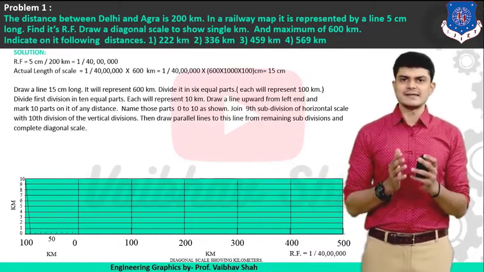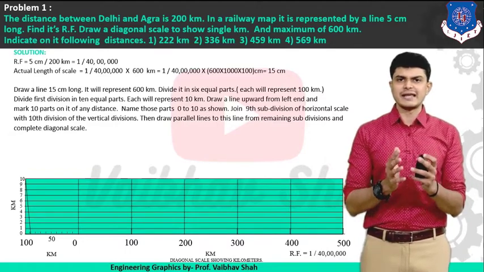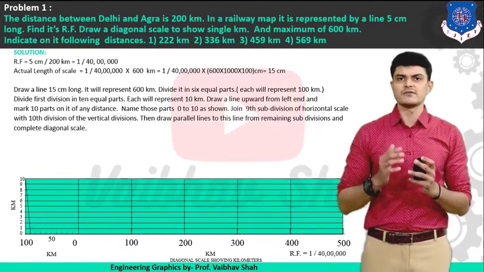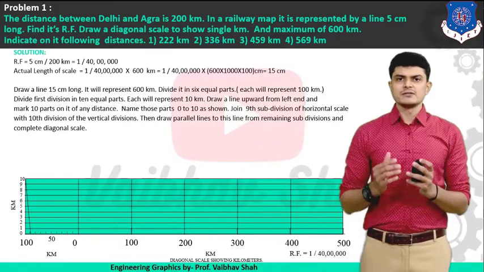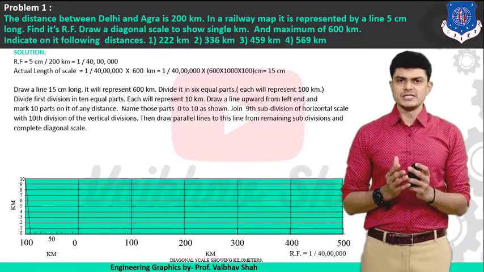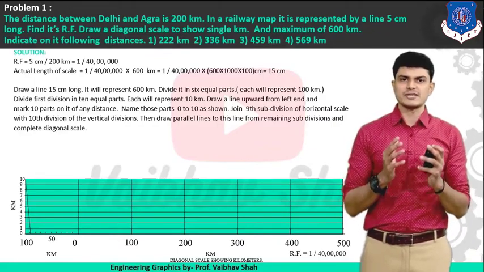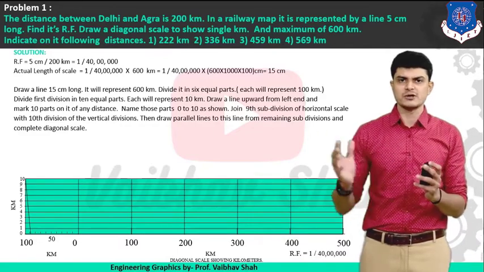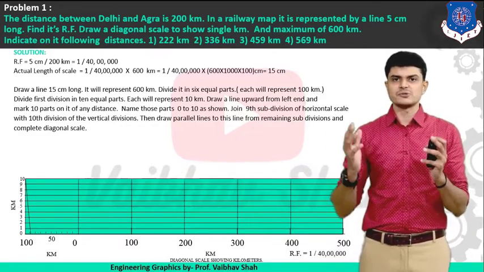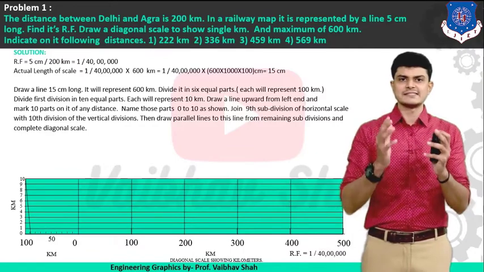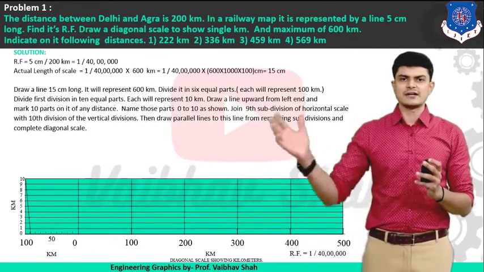So you can see it is an inclined line and it is something like your diagonal scale which we have seen in our previous topic. So now what we have to do is use the roller scale of the drafter. You need to place your roller scale of the drafter onto this inclined line, so that your line would be at the same angle as this line.